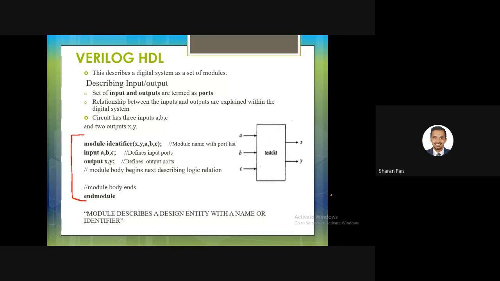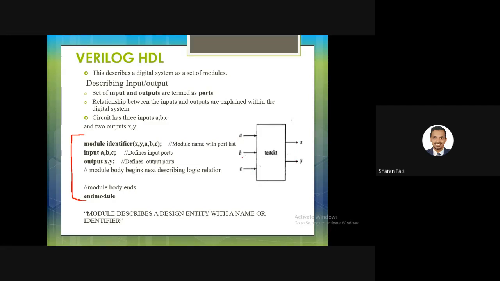Here you can see there is a circuit. One box is given. If this box represents your circuit, right now it is empty. I don't know what I am implementing; otherwise there would be an AND gate, OR gate, or something. Imagine this box as a circuit, whatever you want to build, a test circuit. It has 3 inputs and 2 outputs.